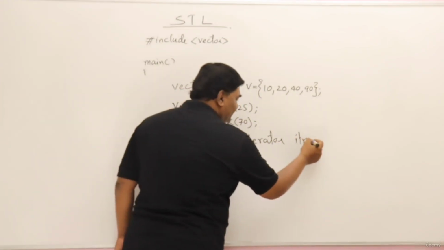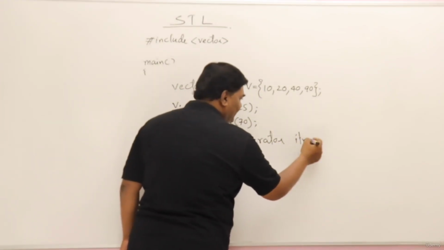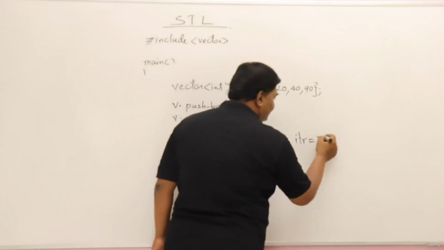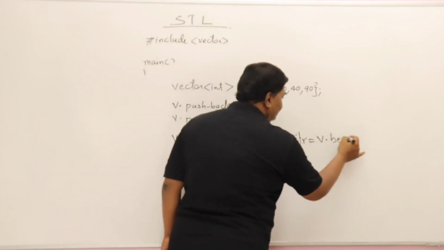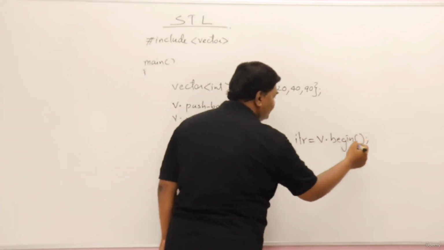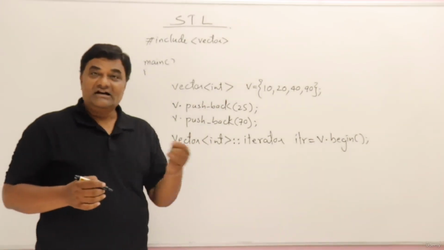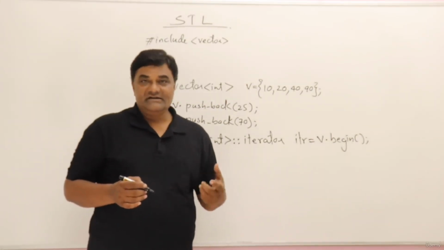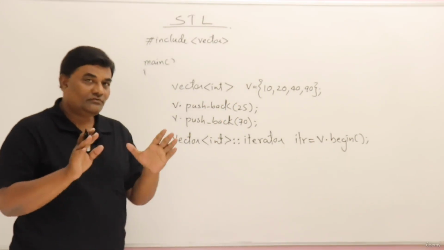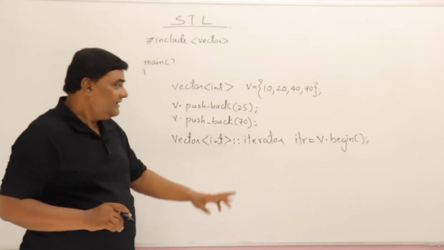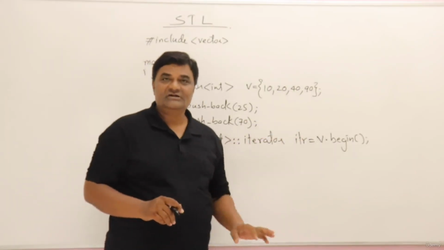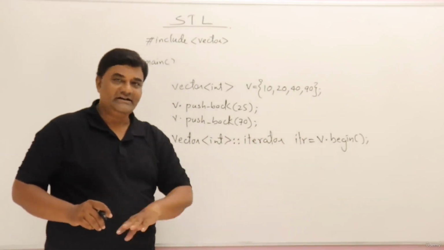Now to this I must assign an iterator. So I should say v dot begin. Yes, this is the important function, begin. It will give the iterator to that vector. One thing I would like to explain here is that begin is a function available in all containers.